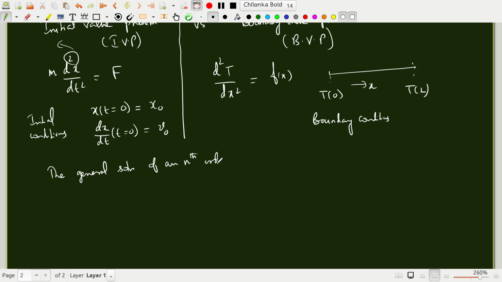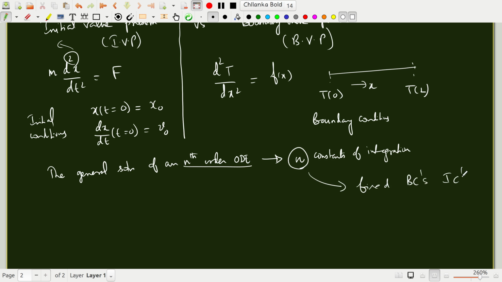Now, the general solution of an nth order ODE will have n constants of integration. I showed you an example where a second order ODE, upon integrating twice, gave 2 constants of integration. For a general solution of an nth order ODE, you have n constants of integration that need to be fixed by the appropriate use of initial conditions or boundary conditions, depending on the context of the problem.